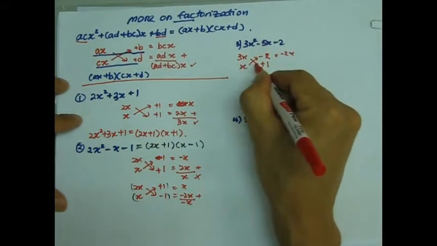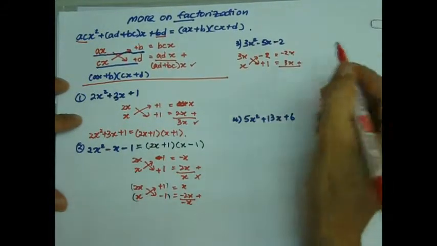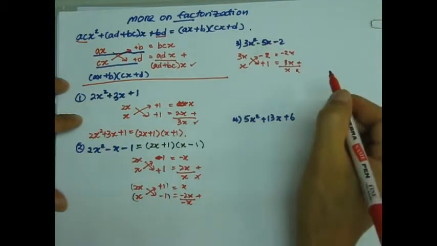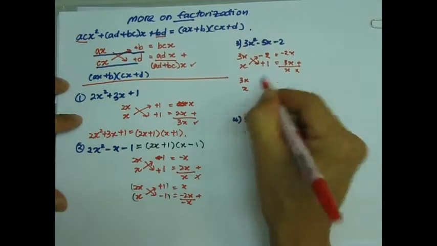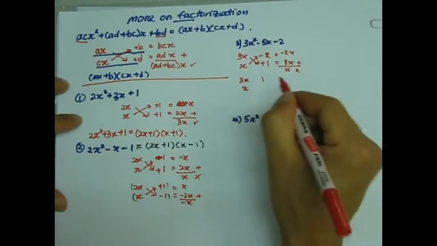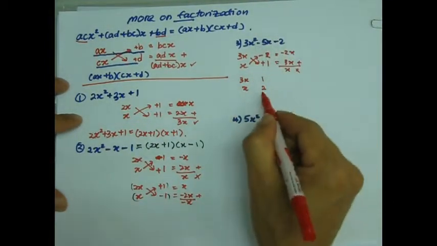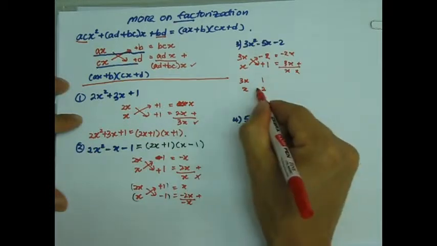Minus 2x, cross multiply, that gives me 3x. Plus, oops, that's not going to work. That's going to give me x. It's not minus 5x. I'm going to try again. How about 3x and x? This time I'm going to put 1 on top and 2 below. Here I need to get a minus 5, so when I multiply together, it must give a negative number.